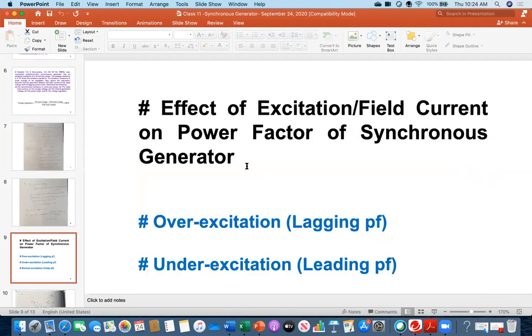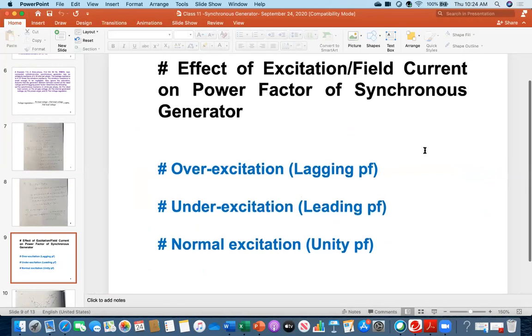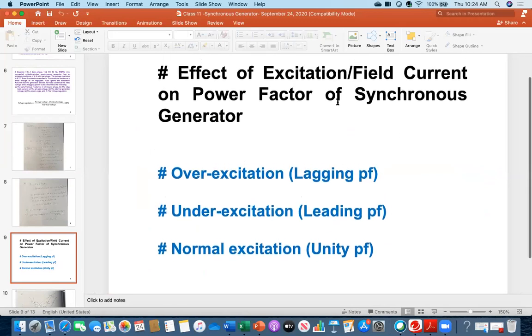Now, a new topic you see here: effect of excitation or field current on power factor of synchronous generator. As I said, two factors are important in voltage development in a synchronous generator. One is the speed, and the other thing is the excitation or the field current, because you have to excite the magnetic field.